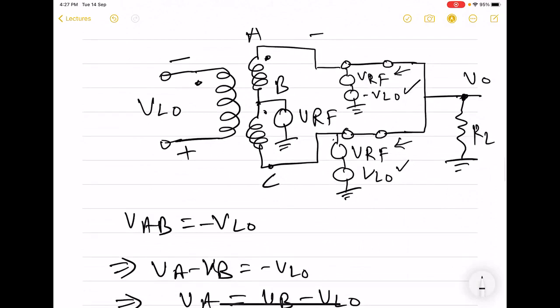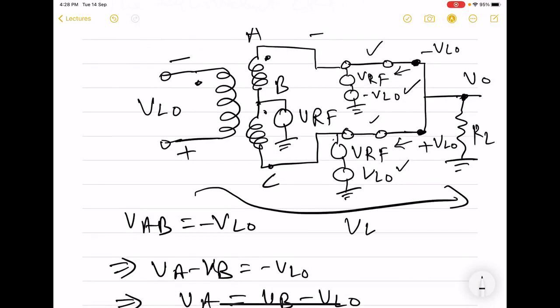Now in case 2, switches are closed here, but we can see that the first path, node A, contributes minus VLO, while node C contributes plus VLO. So again, at the output, there is no LO.